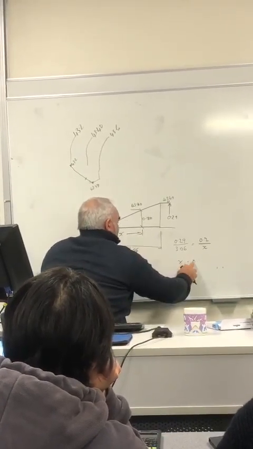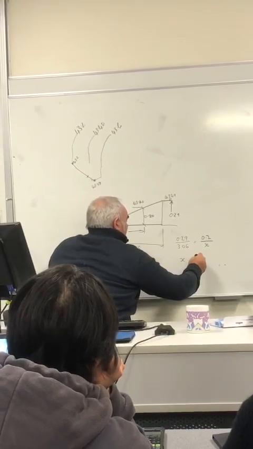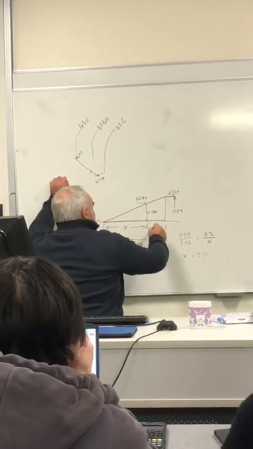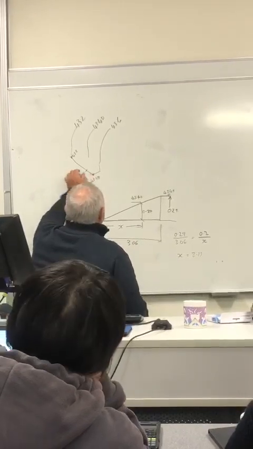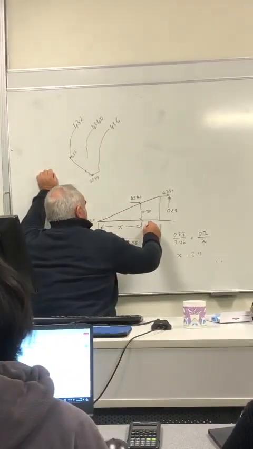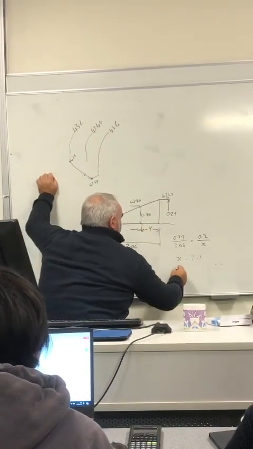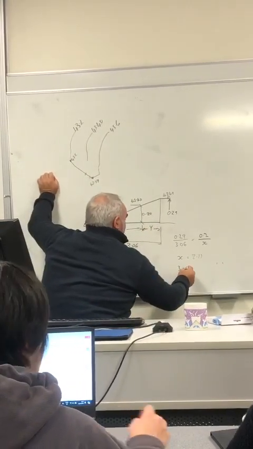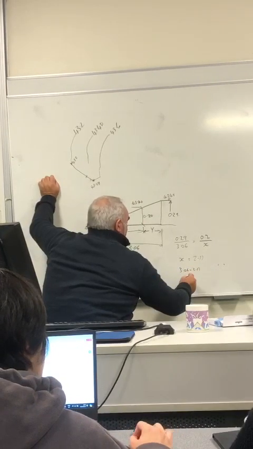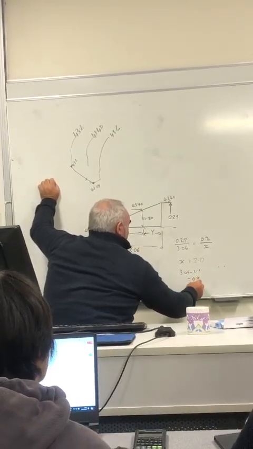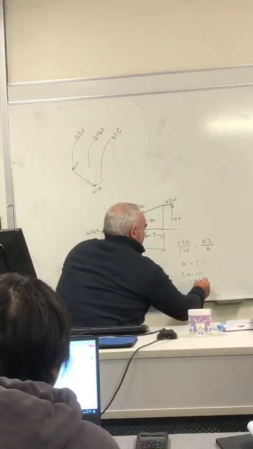Yes, correct. 2.1. So if we were also trying to find the distance from there to there, which would be Y, then that would be simply 3.06 minus 2.11, which equals 0.95 here.